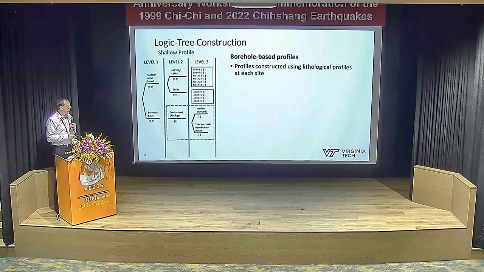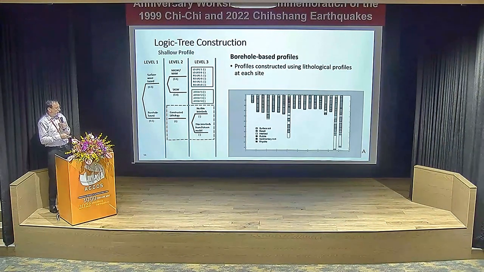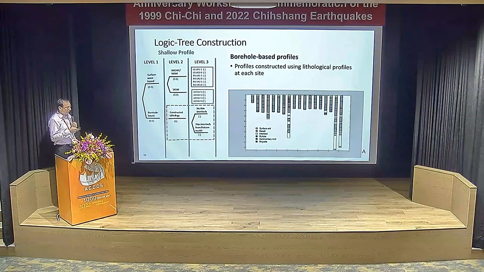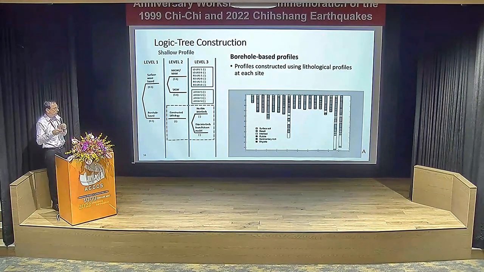For borehole-based profiles, we had a constructed lithology using an extensive set of borehole measurements, and this is an example for one site. You can see here some characteristics. These are interbeds, and some of these interbeds are relatively thick, as you can see for 2 boreholes that are on opposite locations across the site.